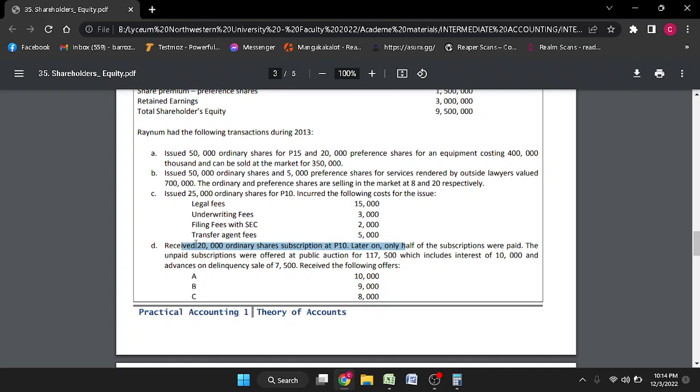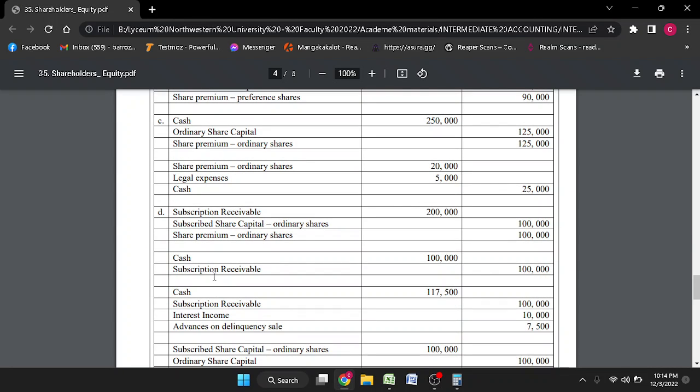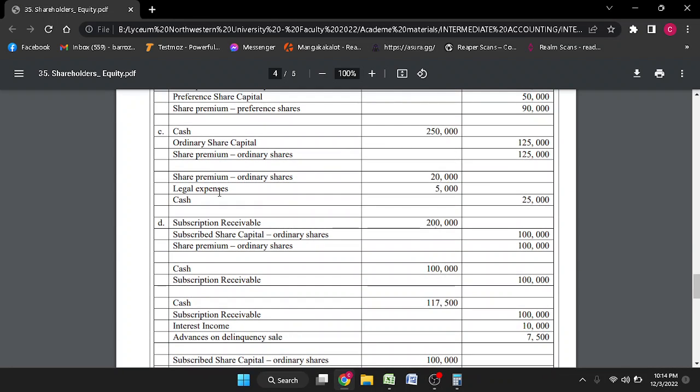It's not a typo error that they use the legal fees; instead, it should have been the transfer agent fees. Or they use the legal expense as the accounting title for all those fees that can't be contained in the share premium here.